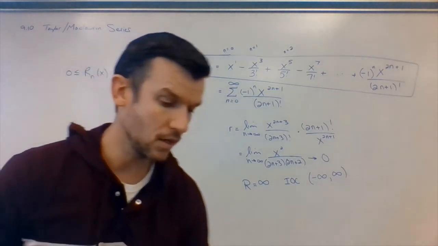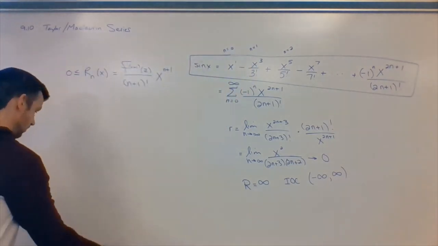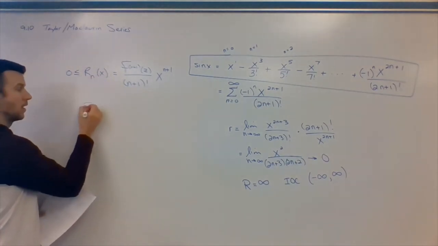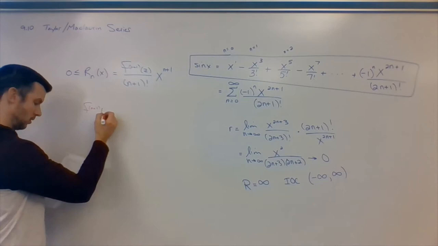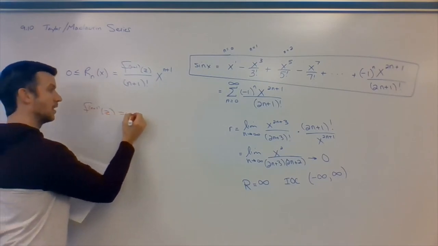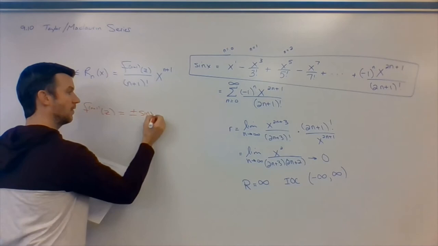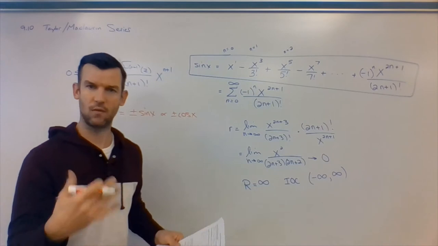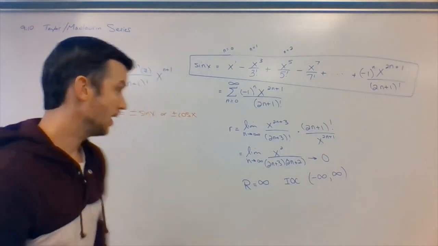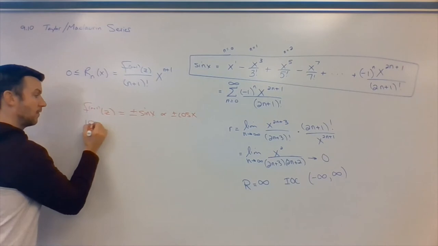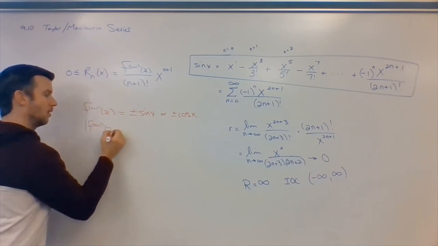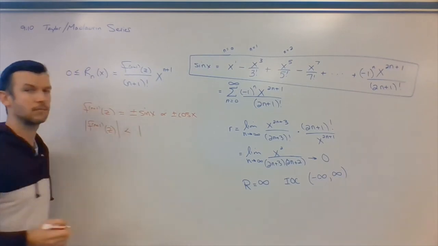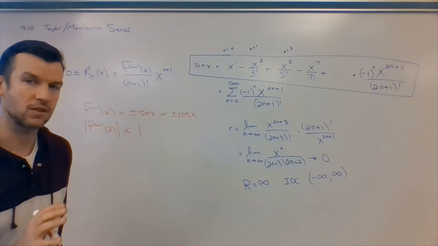And because we know the derivative, it doesn't matter what n we're on, the n plus first derivative of z is either positive or negative sine of x or positive or negative cosine of x, because it just alternates between those four, right? And that means that the absolute value is definitely going to be less than 1, because that's the largest value for sine of x or cosine of x.